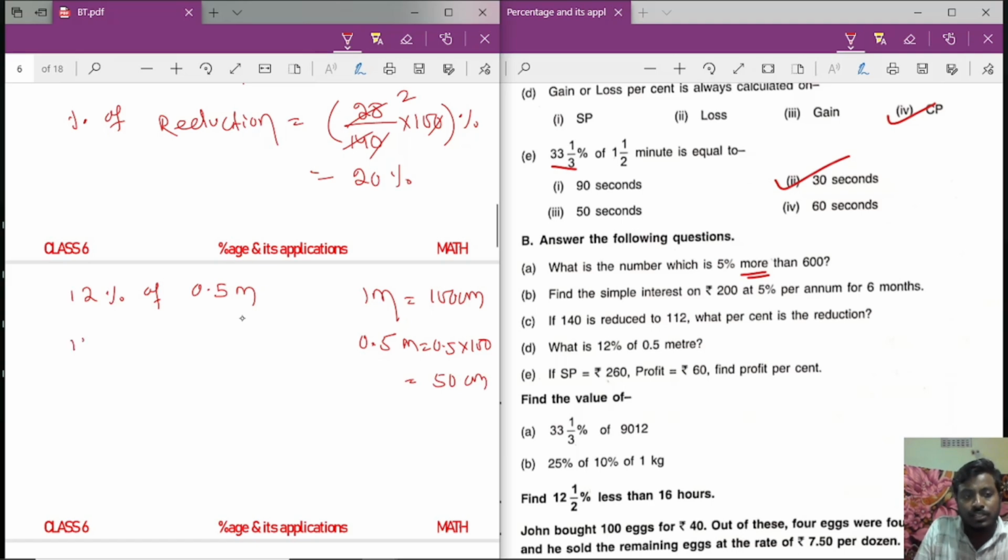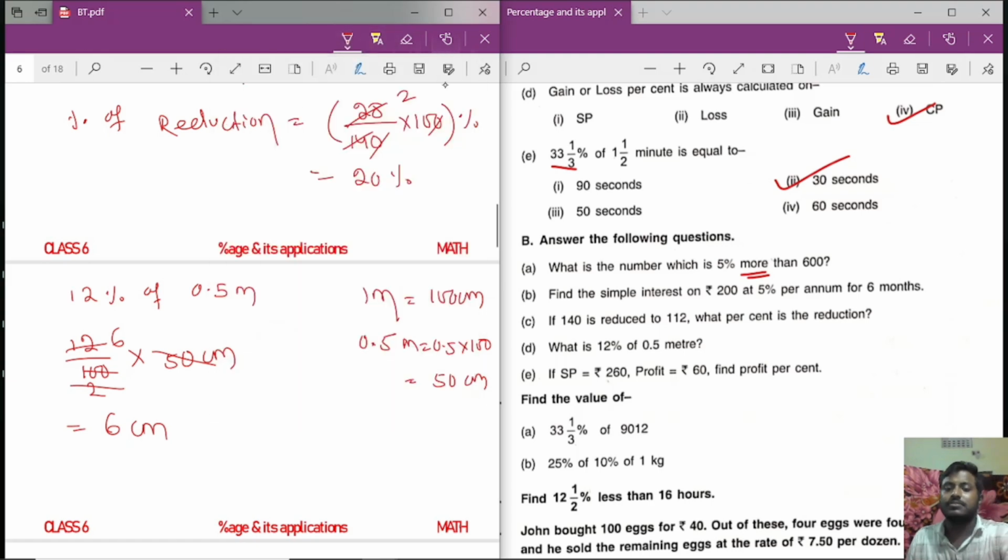So we can write 12 divided by 100, of means into 50 centimeter. So 5 2 ja 100, 2 6 ja, so the answer is 6 centimeter. Understand?